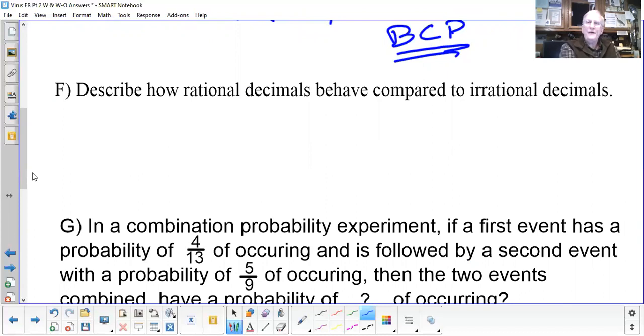When you divide a fraction out, do you remember what happens? They will either terminate or repeat, so you can write R or T. What do irrational decimals do? Well, they don't terminate. They go on forever, and they do not show repetition.